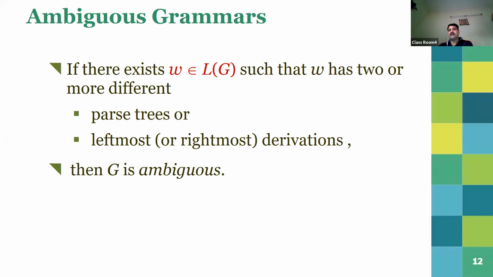The simple way is, if we have two or more leftmost derivations for the same string, then we can declare that the grammar is ambiguous.